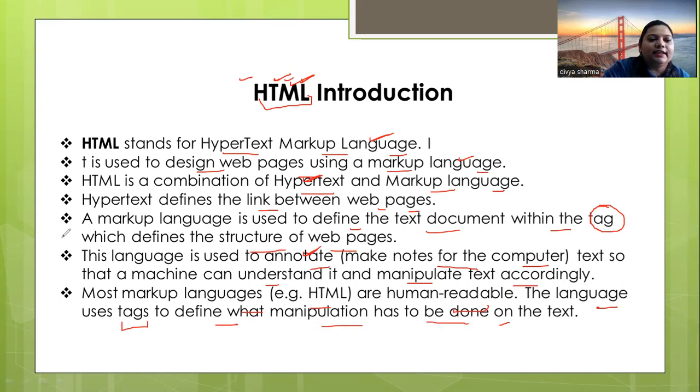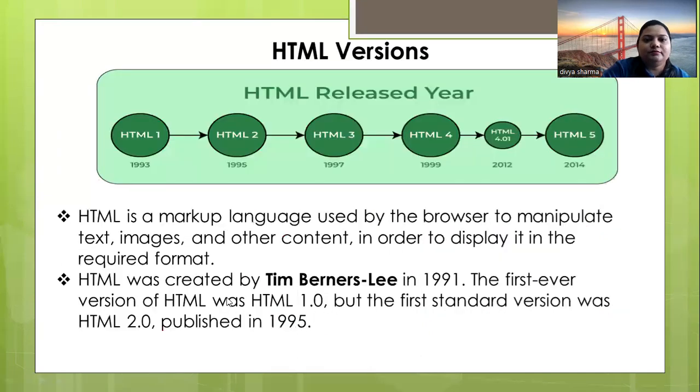Now move to the next slide. Yeah, you can see here what the HTML versions released are. First of all, you have to know who has created HTML. So HTML was created by Tim Berners-Lee.